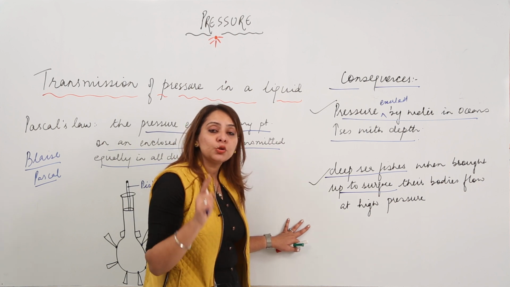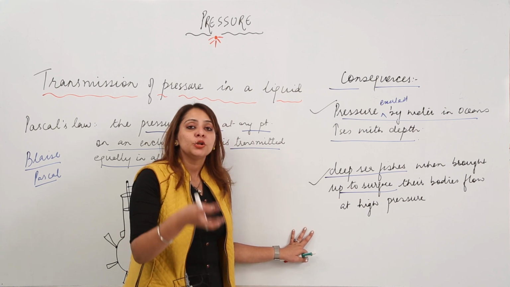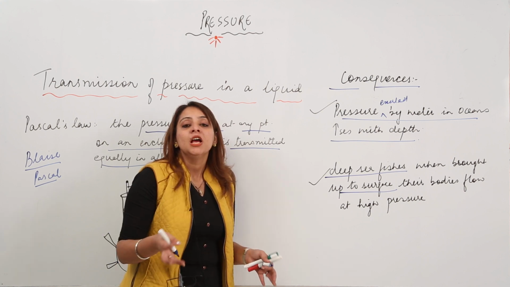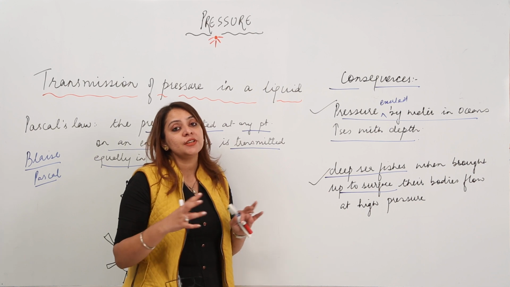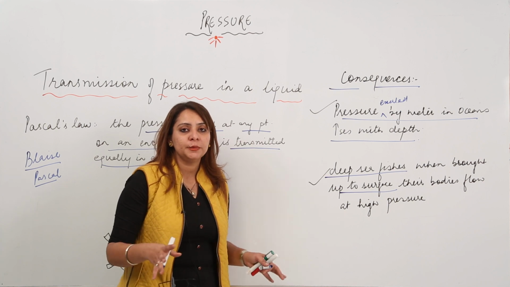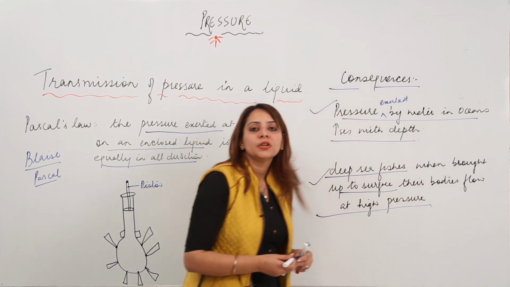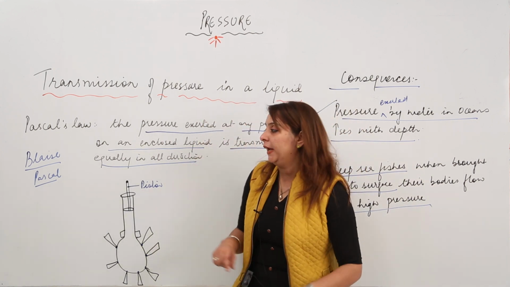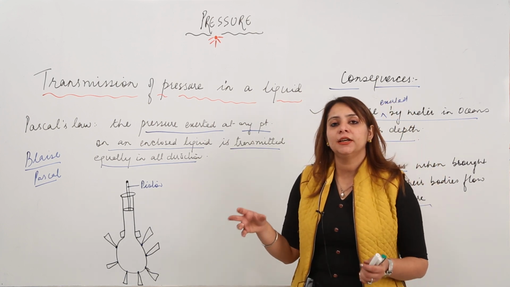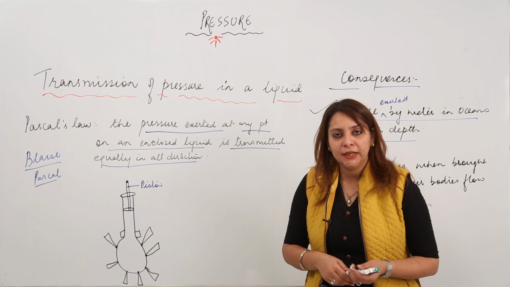The difference in pressure is so much that when we move a fish from the deep to the surface, its body gets burst open due to the tremendous change in pressure between the bottom and the surface. So this is the consequence which you can explain on the basis of Pascal's law, which states that when a pressure is exerted at any point on an enclosed liquid, it is transmitted equally in all directions.